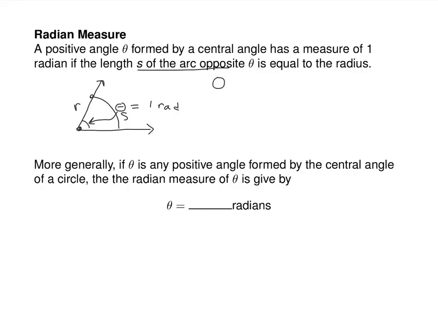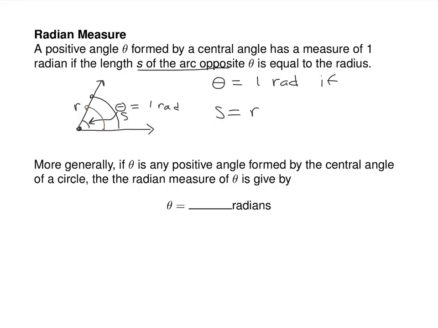So the idea is theta is equal to 1 radian if s equals r. And it doesn't actually matter how far out you take that little s to be. If your angle is 1 radian, that s and r would be equal if you drew the little sector there, or if you drew the little sector here.